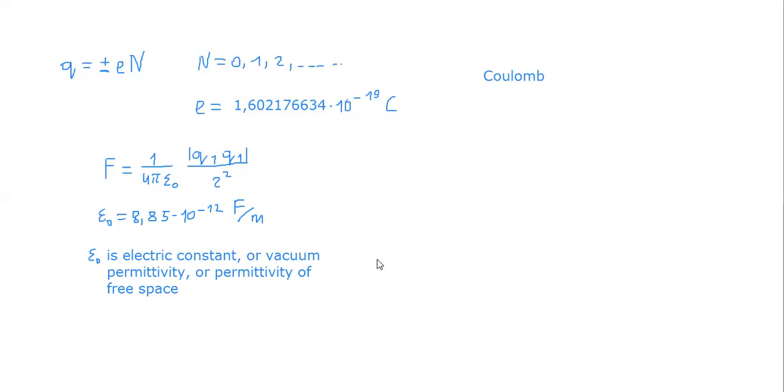But now we are learning properties of the electric field, especially the electrostatic field in vacuum. So let's write this force of electrostatic interaction in vector form.